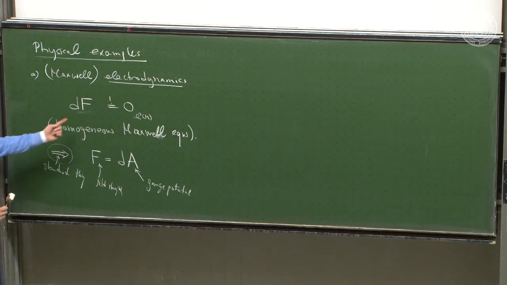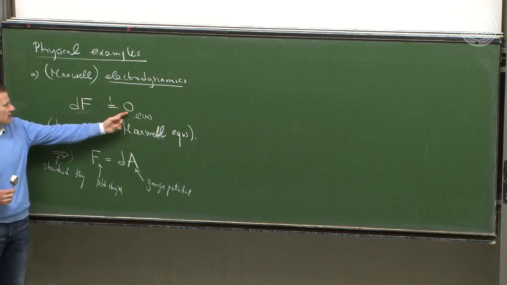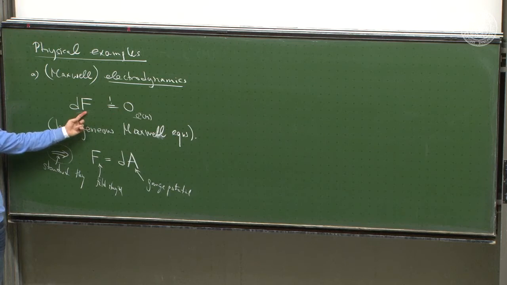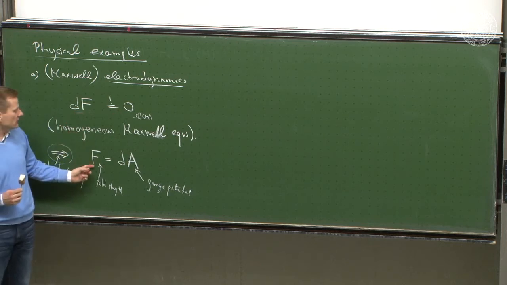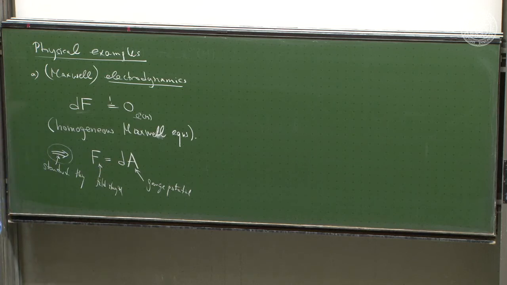Is it really true that from the vanishing of the exterior derivative of F, you can conclude that there is an A such that F is dA? And the answer is yes, that's certainly true, if the space-time on which you work, as a smooth manifold, is R4.